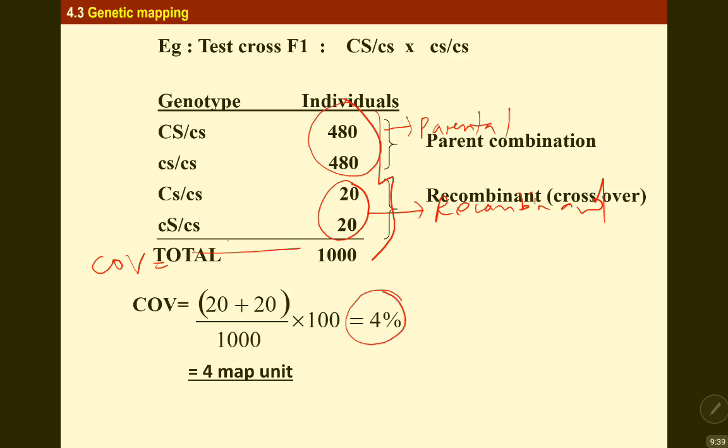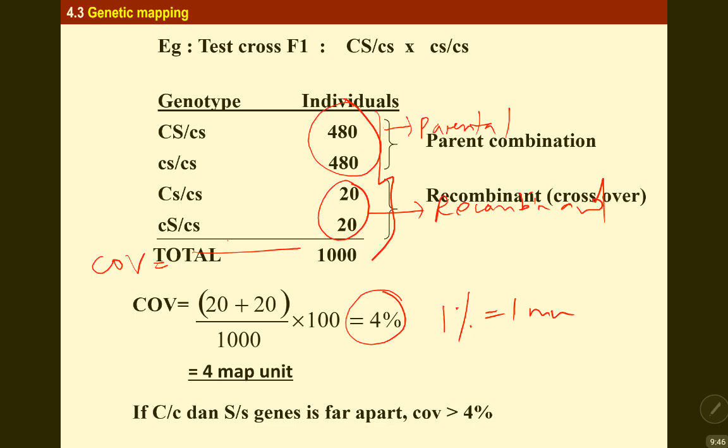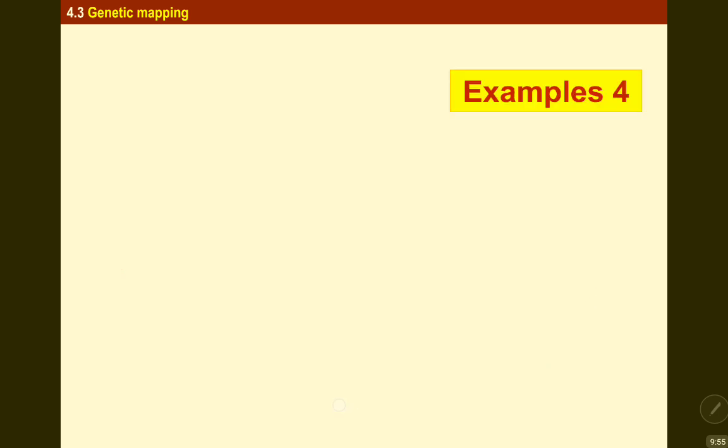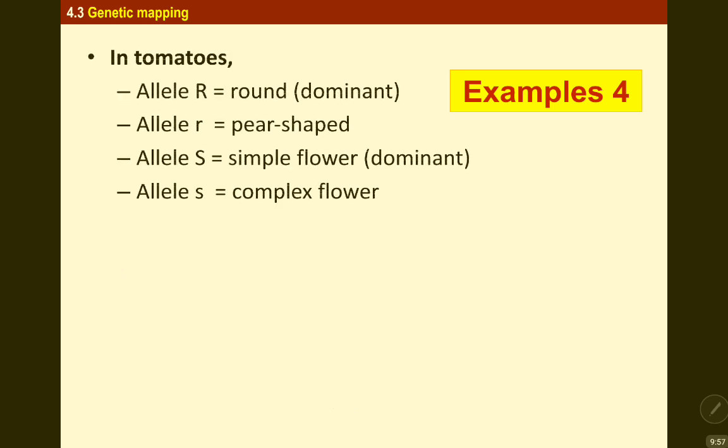Total is 100, so equal to 4%. So 1% equal 1 map unit, so it's 4 map unit away. Means that your C gene and S gene is 4 map unit away.